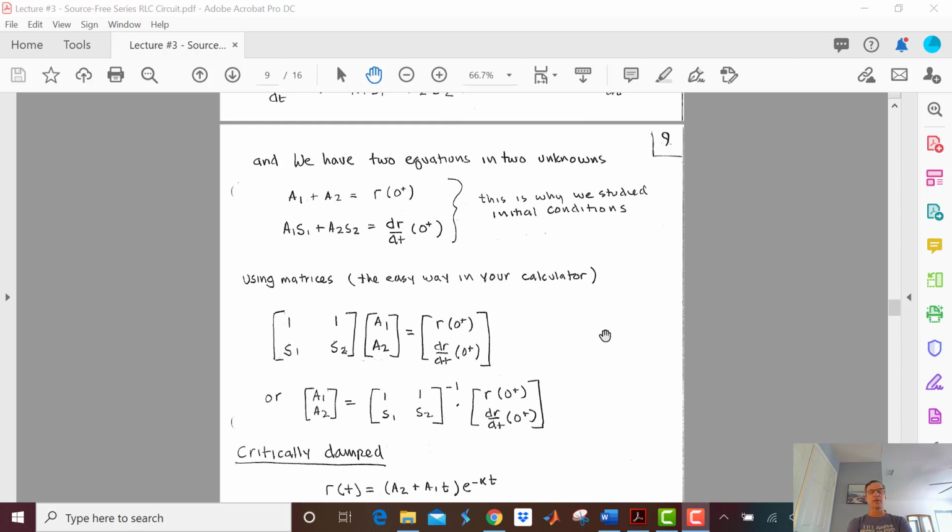So your calculator handles matrices very nicely, and so for a problem like this, you want to be able to slap this in your calculator and get the answer in 20 or 30 seconds. Please don't make me look at your exam where you spent way too much time on one problem because you were eliminating a variable or something like that. Get good at using this feature on your calculator.